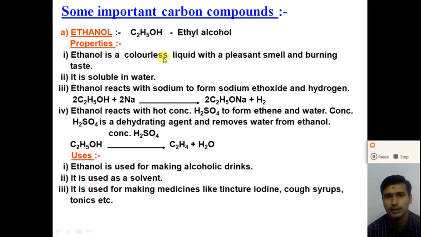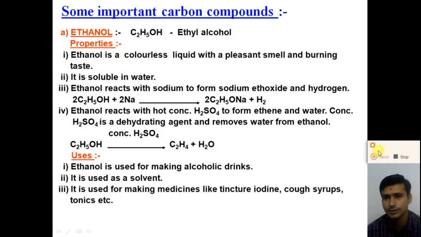OH is the functional group of alcohol, and in C2H5, a chain of two carbons is there, so the name is ethanol, right? Or we can say ethyl alcohol, right? We can name it like this, ethyl alcohol or ethanol.